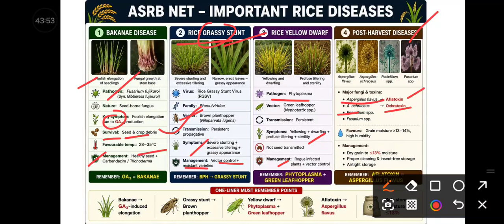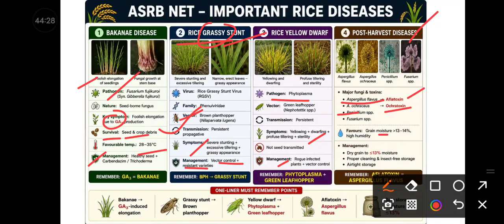These post harvest diseases mostly occur due to improper storage conditions, like when the grain moisture is more than 13 to 14% and there is high humidity. The best management practices are to dry the grain below 13% moisture, proper cleaning, and insect-free, airtight storage. So you have to do proper storage to manage post harvest diseases.